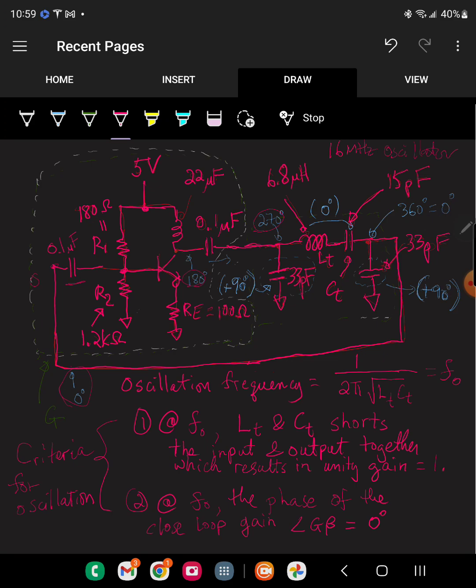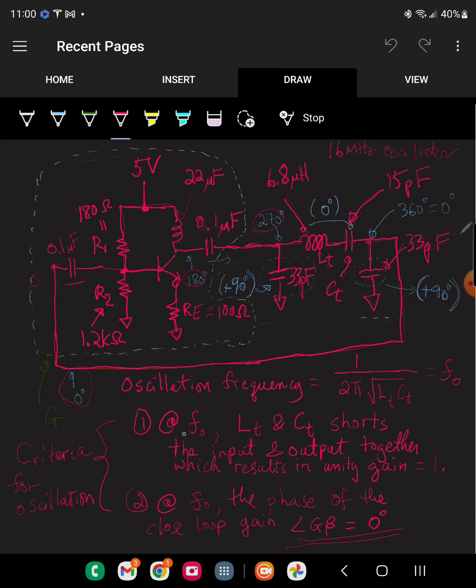Okay, so now you pretty much meet the second criteria, as we discussed before, that the phase of the closed loop gain has to be 0 degrees. All right, so now we have satisfied that criteria just by going through the feedback loop. Right now the phase is 0 degrees going through the entire loop. So your closed loop is now 0 degrees.